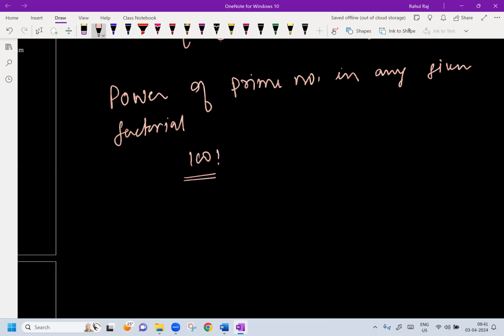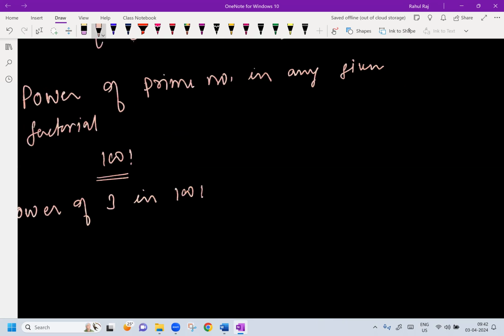Now I want to find the power of 3 in 100 factorial. I'll tell you what I mean by power of 3. Imagine I take 6 factorial over here. That is nothing but 6 cross 5 cross 4 cross 3 cross 2 cross 1.